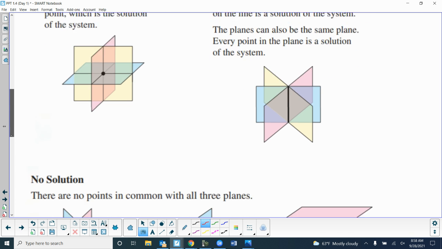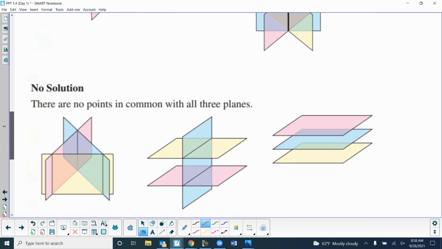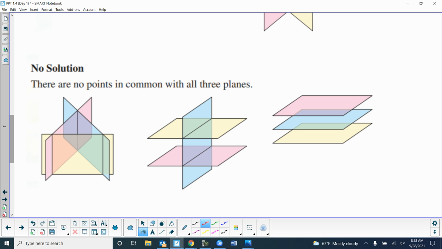Then you've got where there's no solution, where they don't have any points in common, all 3 of them, which could happen as well. So just to give you a visual of what's going on here. They've got your x-axis, you got your y-axis, then the z-axis is like this way, out towards you and back towards me, through me this way.